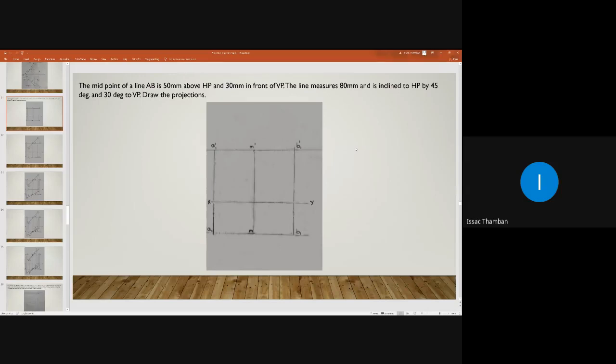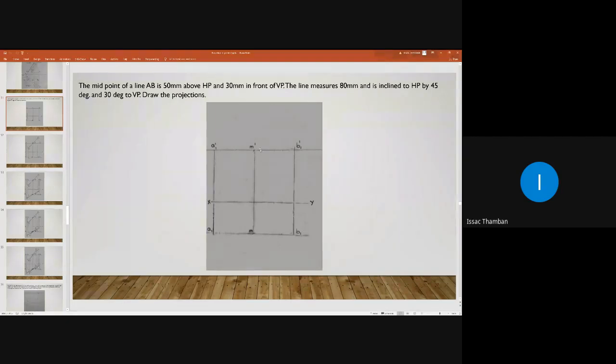Have you marked M dash and M? Yes, sir. Then this is the midpoint of line AB. First, let us assume that the line is parallel to SP and VP. If it is parallel to SP and VP, then it will appear as a parallel line in the elevation and in the plan.